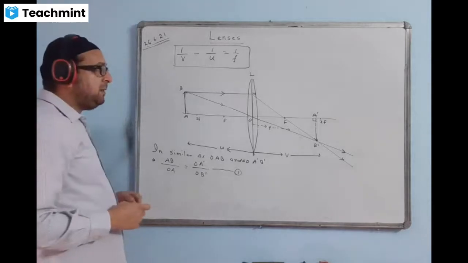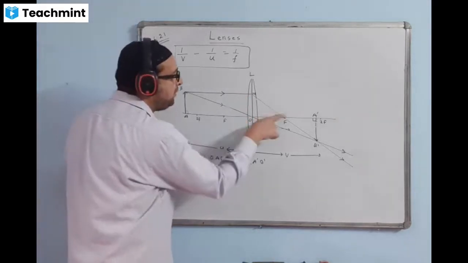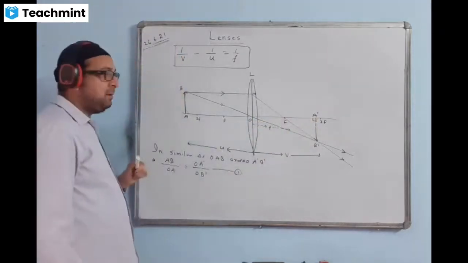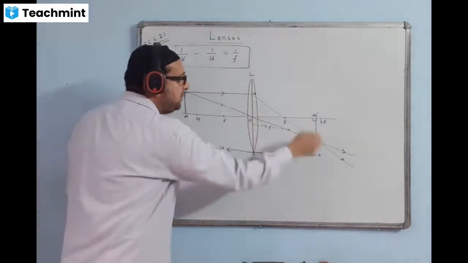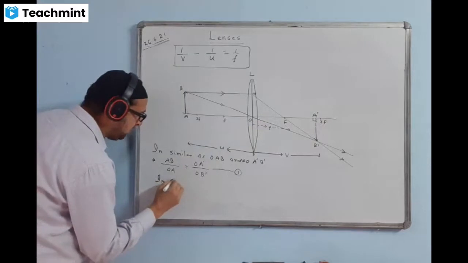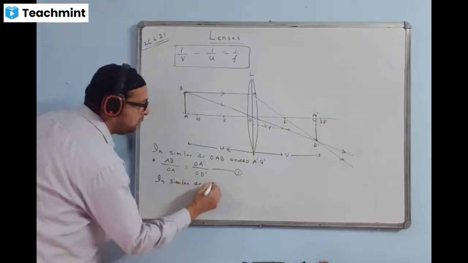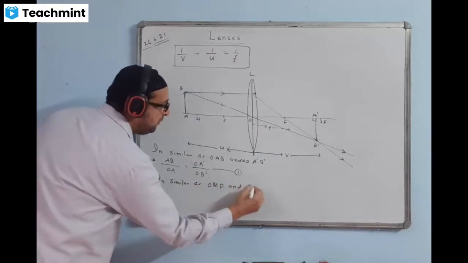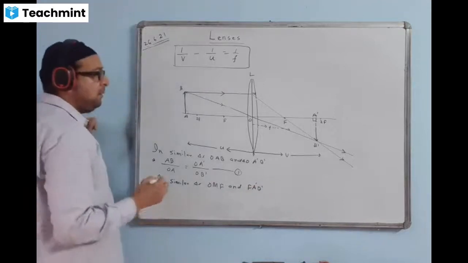Now I take another similar triangle. Another similar triangle is OMF and FA dash B dash. In similar triangles OMF and FA dash B dash, what will happen?